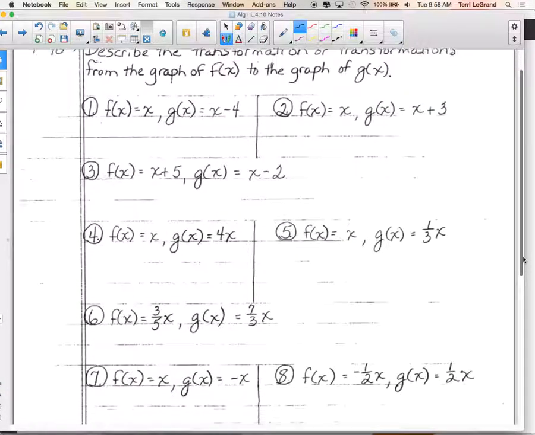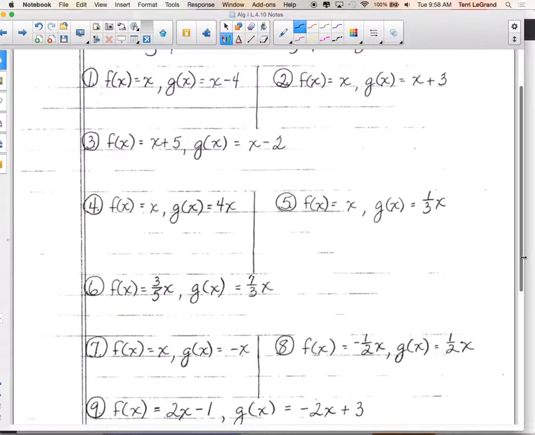What's that called? The parent function. Without even hardly having to think, we were always going to say the slope of the parent function is 1. The y-intercept is 0. Write those down. Because every time before we describe a transformation, we're going to have proof of our transformation.